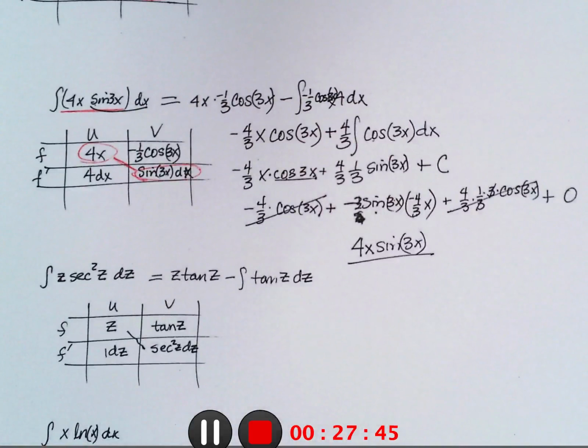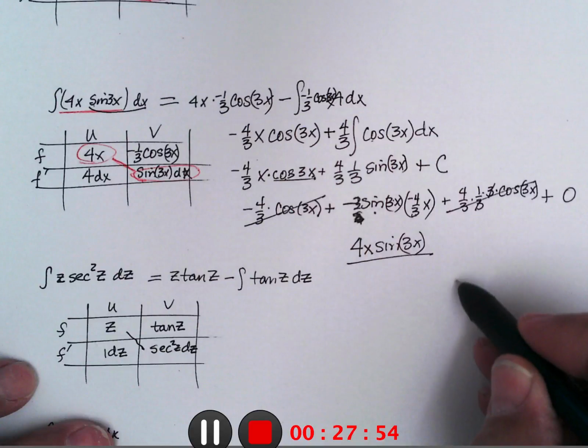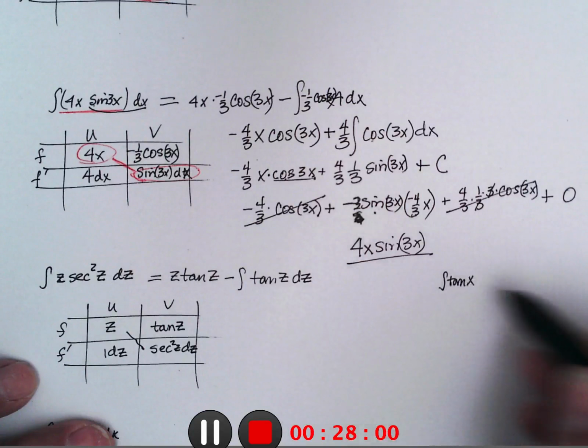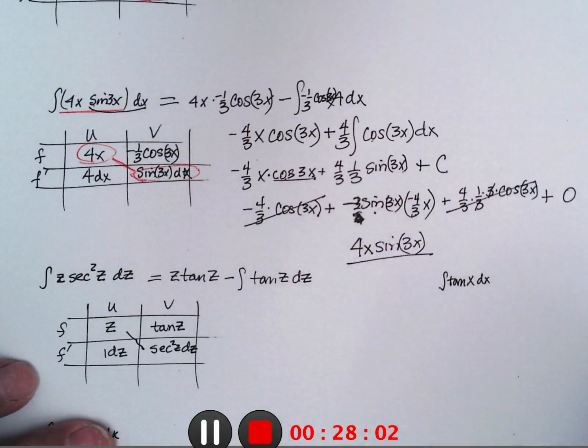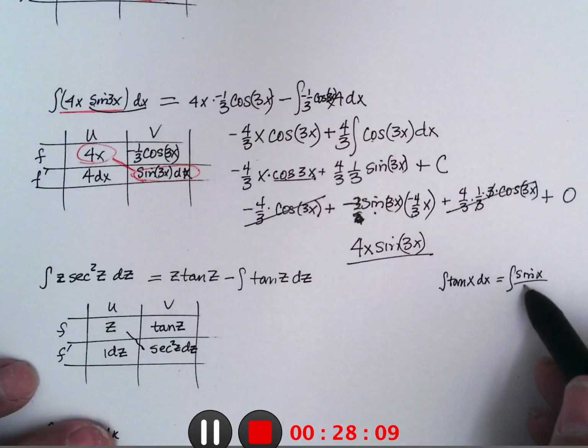And some of you may not remember what the integral of tangent of z is. So let's remind ourselves. We did that in the substitution section. If we have to do the integral of tangent of some variable, dx, we say tangent is sine x over cosine x.